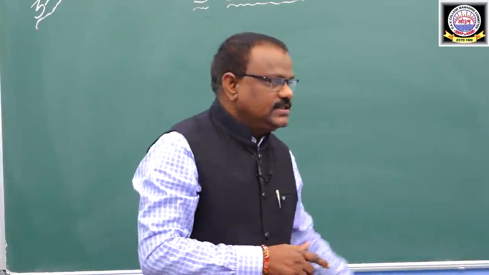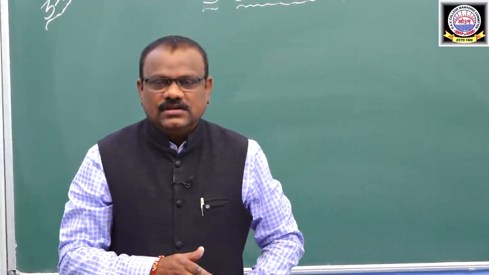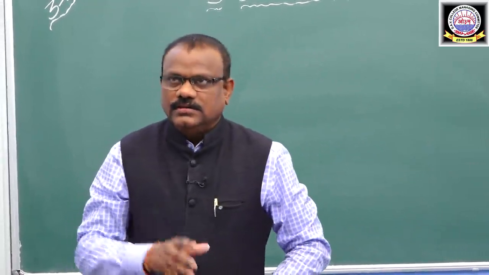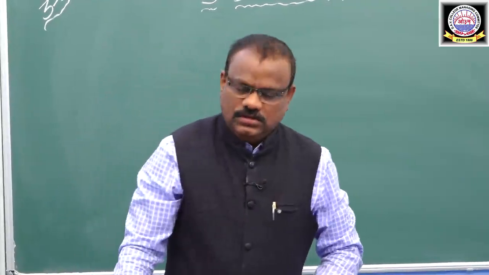Similarly, if the 3 lines, that means the x-axis, y-axis and z-axis, intersect each other orthogonally, then the space is divided into 8 parts and each part is called an octant, that you know.